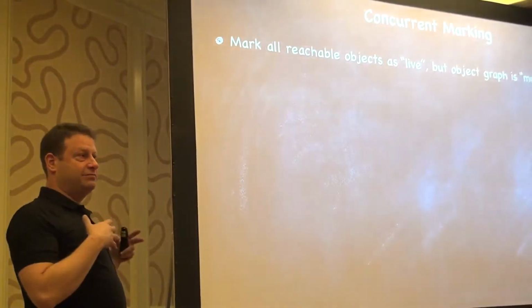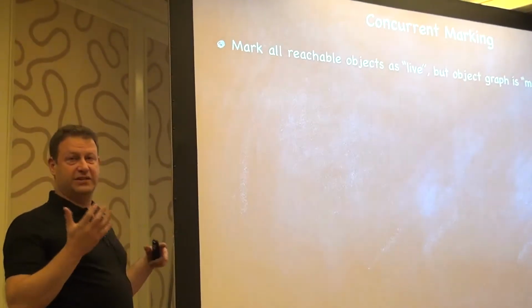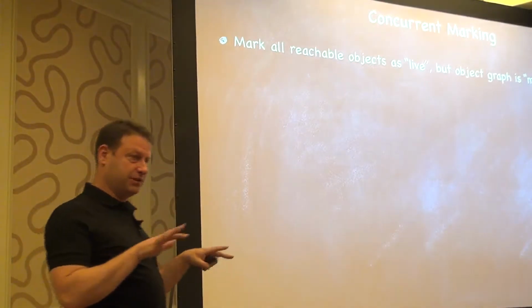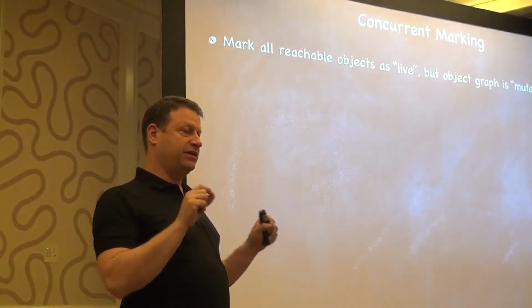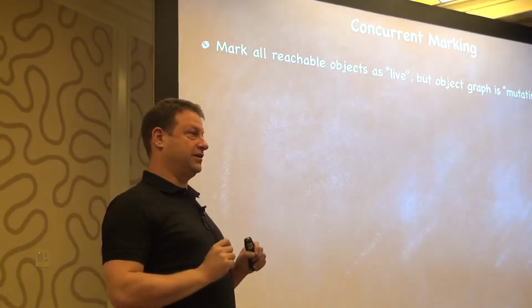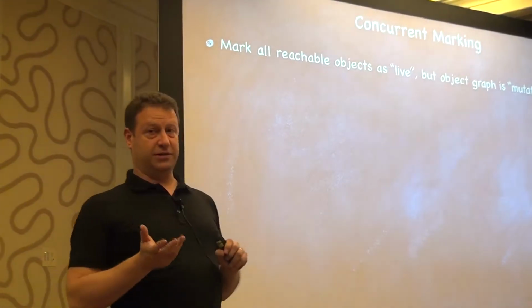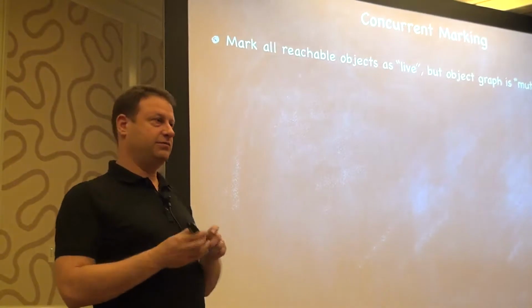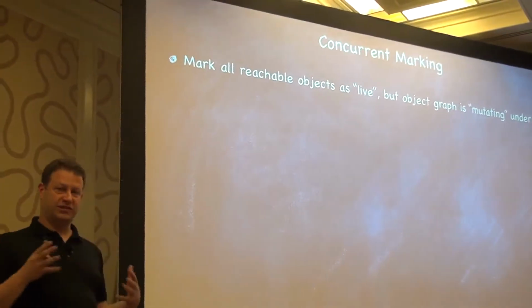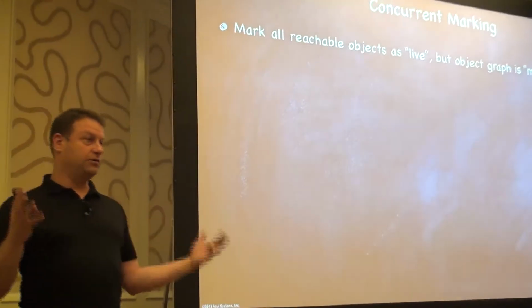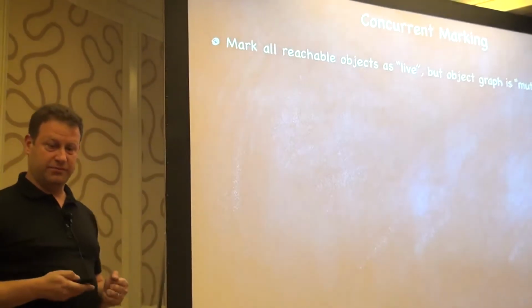If I didn't notice this, prevent it, or track it, and I just completed my marking and said, okay, whatever is live is live, I will have missed the fact that that object is alive. Then I would recycle it, and something would get put on top of it, and you probably won't be happy. So you have to somehow close that race. It's the only race, but it has to be closed.